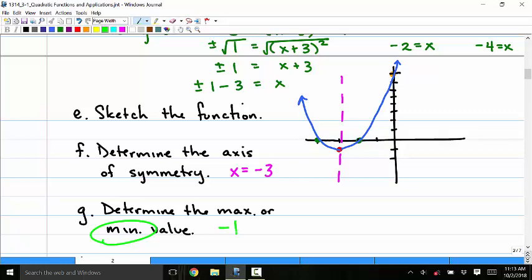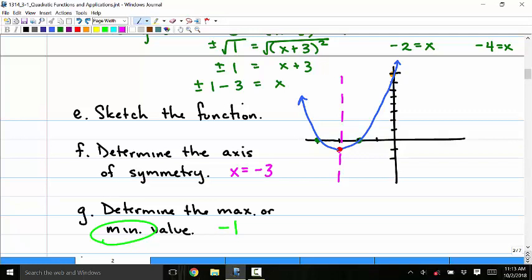Axis of symmetry is the vertical line that's going to cut the parabola in half. And it's going to go through your vertex right here. So it's going to be x equals whatever the x value of your vertex is. Determine the max or min value.